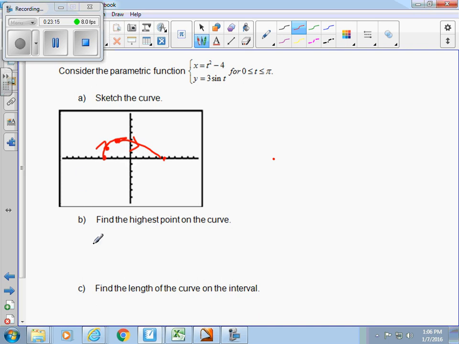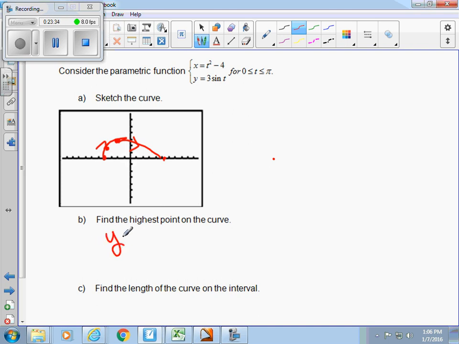Find the highest point on the curve. How would you do that? What do you need to know if you want the highest point on the curve? The maximum of what? The y value. Do you need the maximum of the x value to find the highest point?